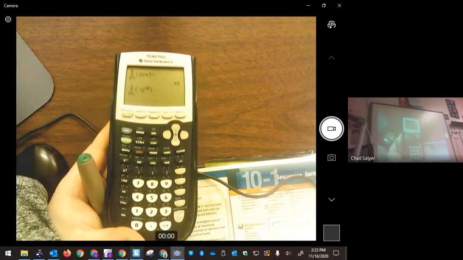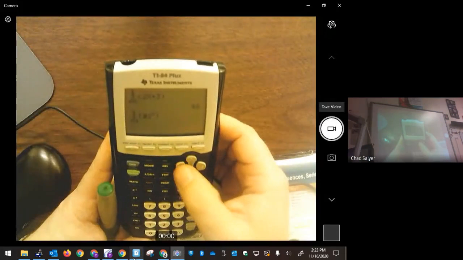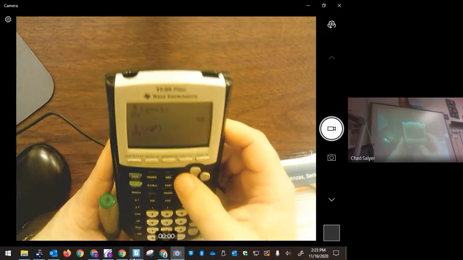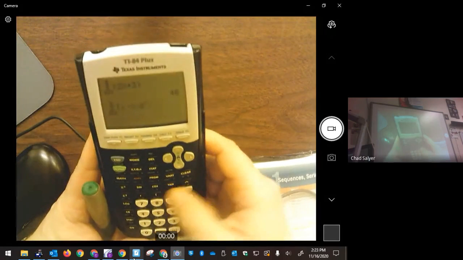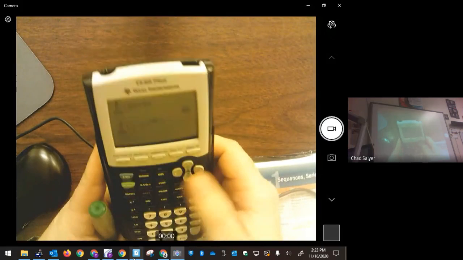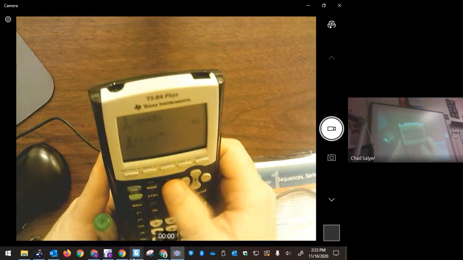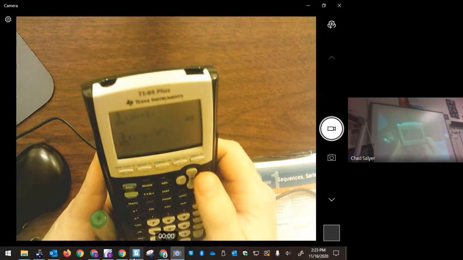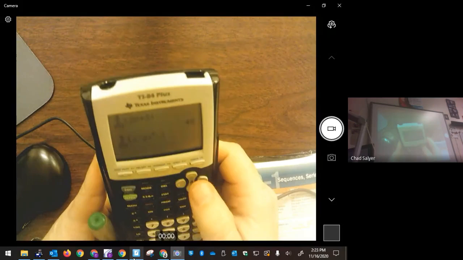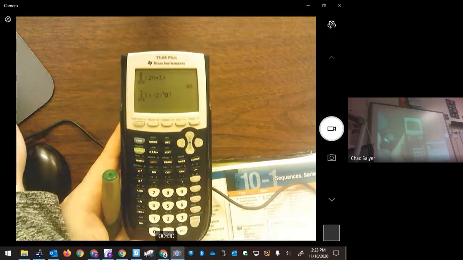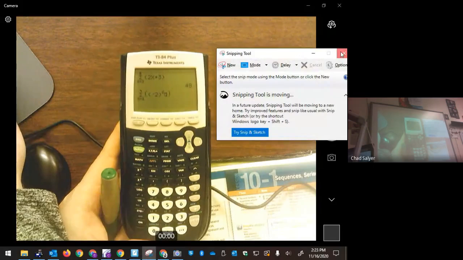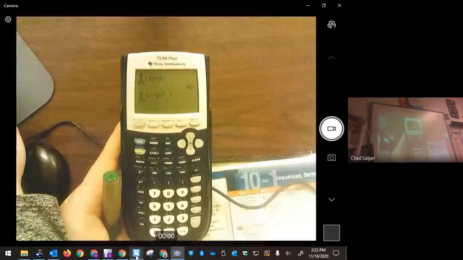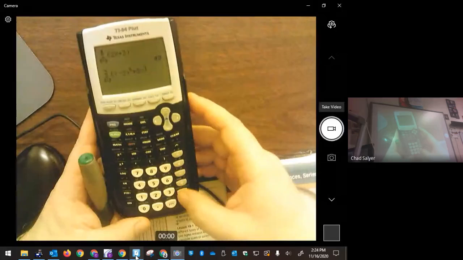Is that right? Yes, plus 3. Actually, I need to put that inside parentheses because negatives don't really behave otherwise. There we go. And then plus 3. All right, so we get the answer 22, which confirms our previous result.